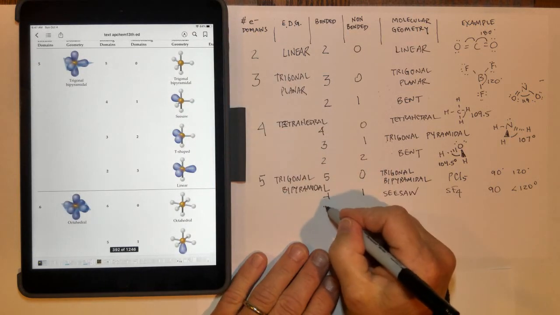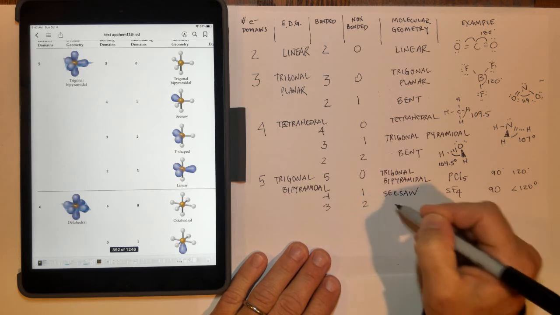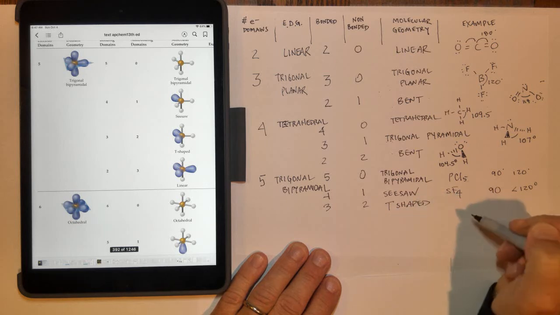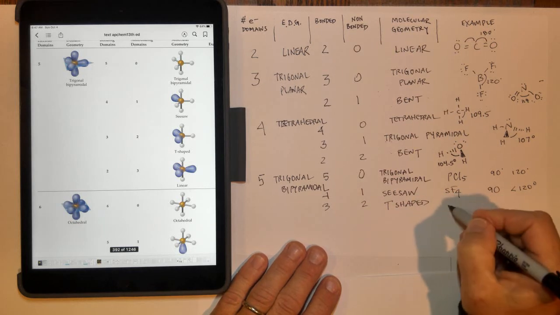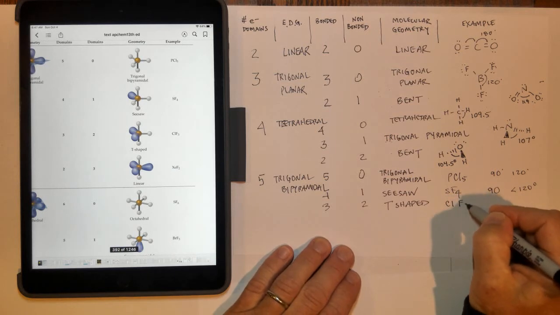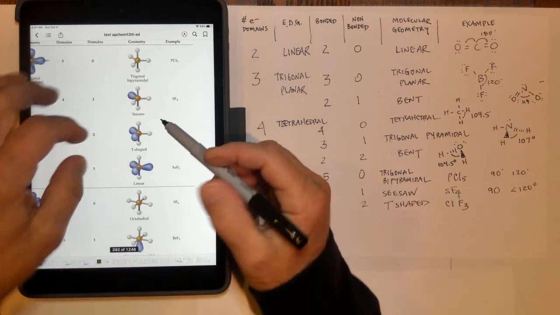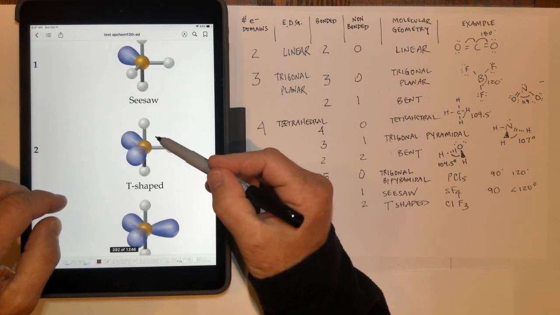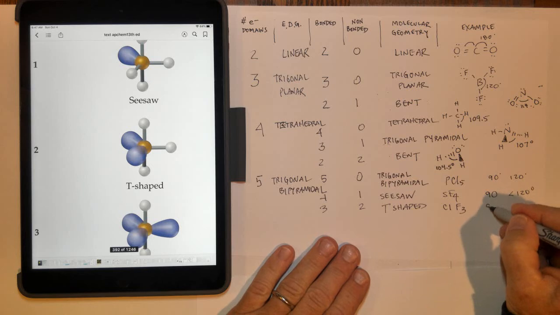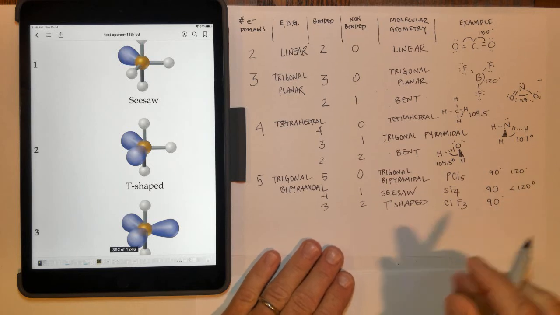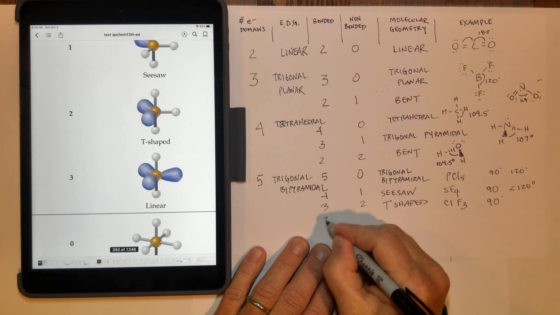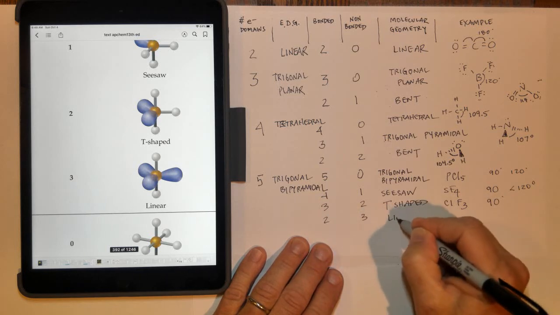The next one would be 3 bonded, 2 non-bonded, and this is called T-shaped. A good example of that would be ClF3. In this one, we end up with only 90-degree bond angles because we've got these 2 unshared pairs of electrons in the equatorial domain. So 90 degrees only. And then the last one is 2 bonded, 3 non-bonded, and this one's called linear.